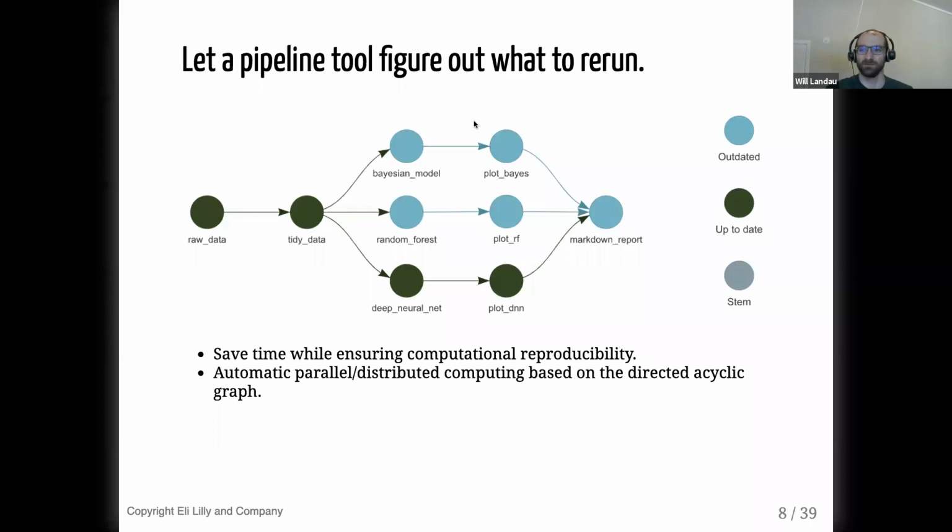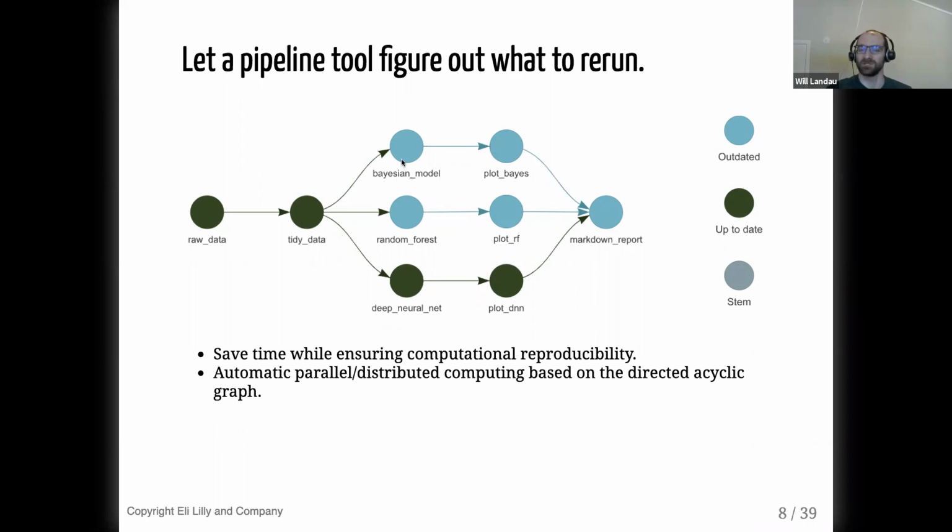it's hard to keep track of which models are up to date and which ones you need to rerun. But a pipeline tool can tell you, for example, in a case like this, that two of these models need to rerun, and one of these models can be skipped in order to save time. And so the pipeline tool can look at this and make that decision.